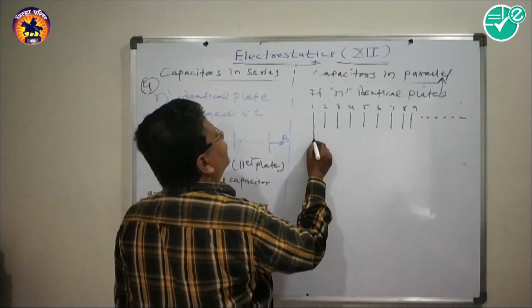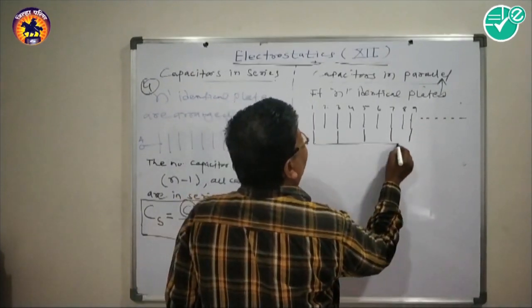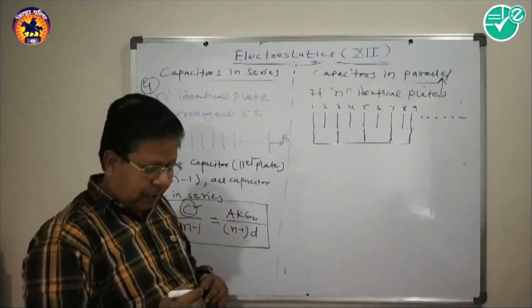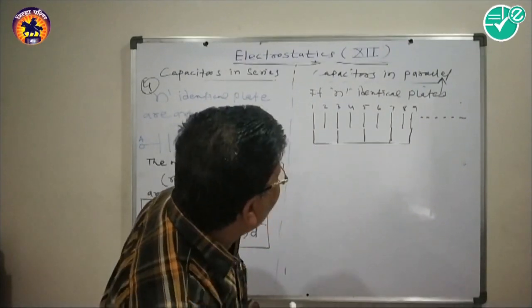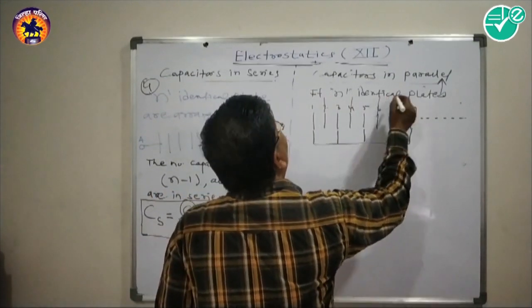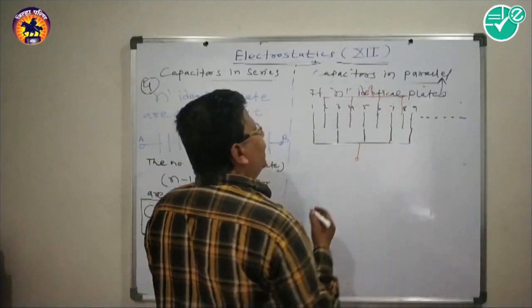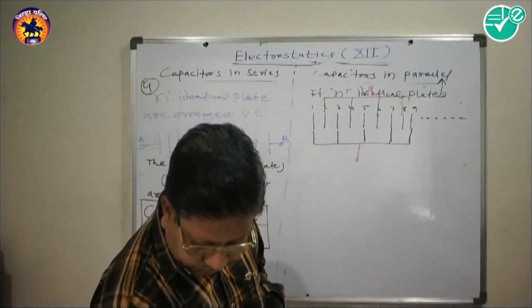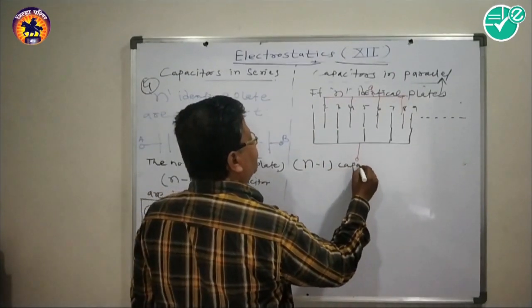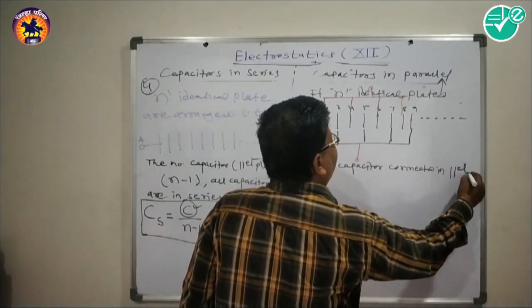Now if we connect odd number of plates together, so plate number 1, 3, 5, 7 and 9 are connected together, and even number of plates are connected together, so 2, 4, 6, 8 and so on, then we get n minus 1 capacitors which are connected in parallel.